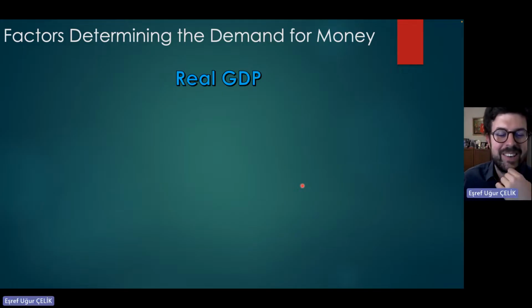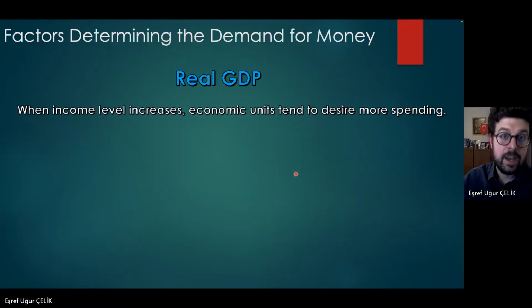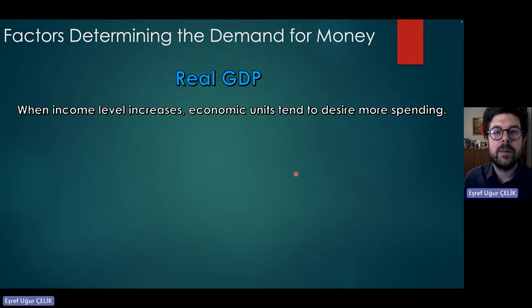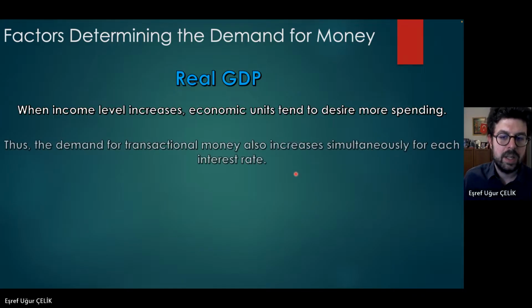Okay, let's look at the second factor for determination of money demand, or the first factor for shifting money demand. This is the same thing. When our income becomes higher, we make more transactions for buying or selling goods and services.